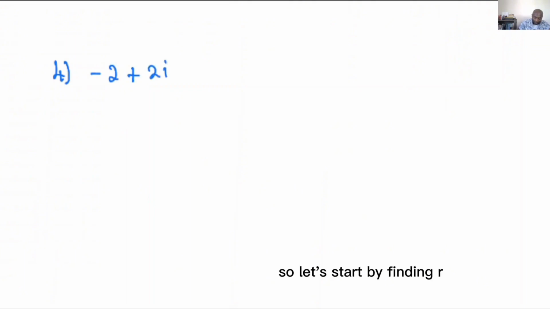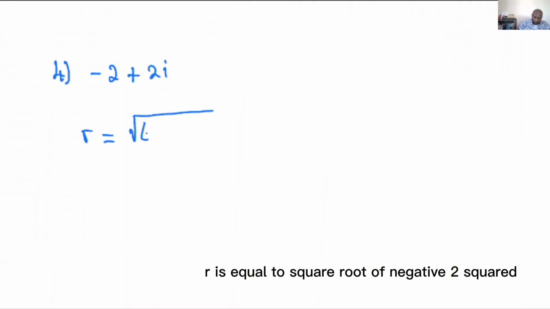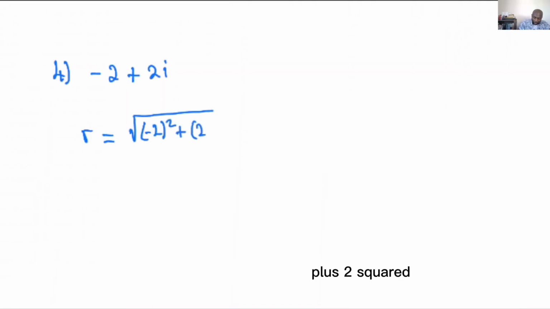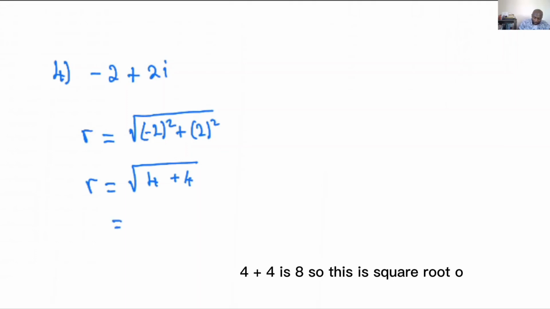So let's start by finding r. r is equal to the square root of negative 2 squared plus 2 squared. r is equal to the square root of 4 plus 4. 4 plus 4 is 8, so this is the square root of 8.